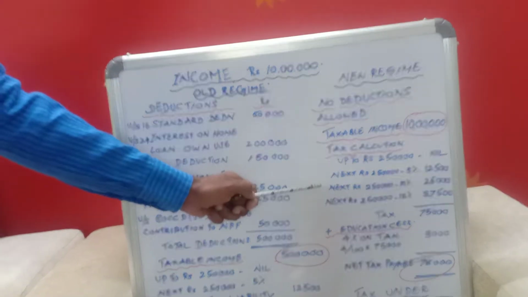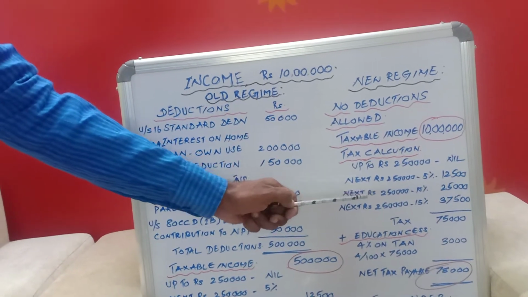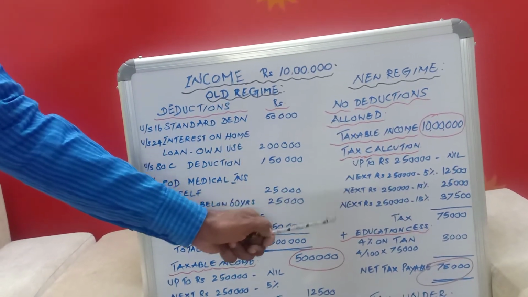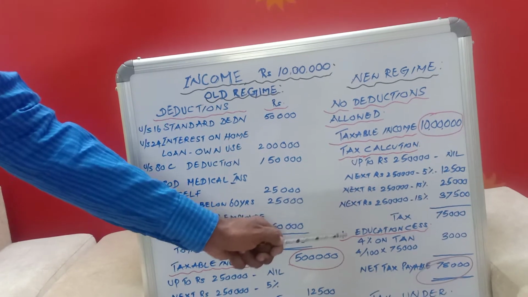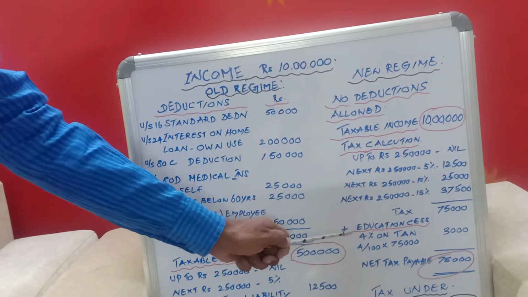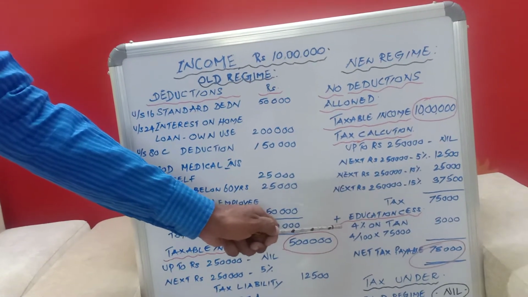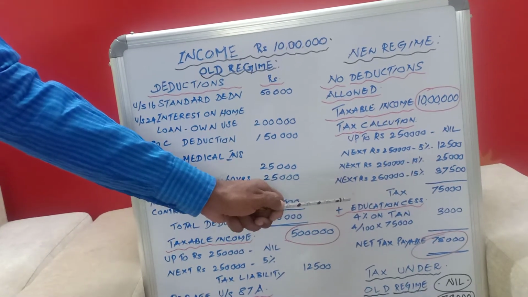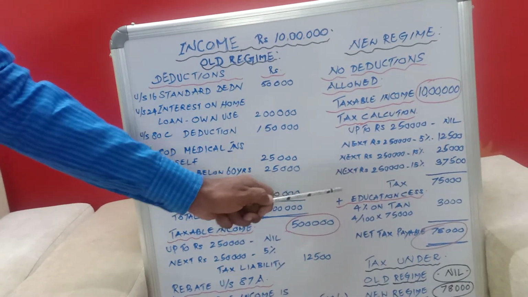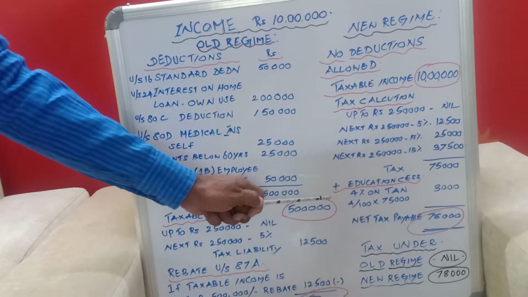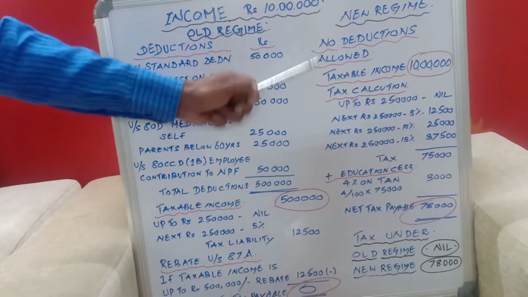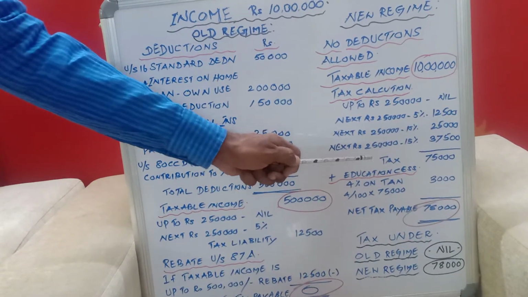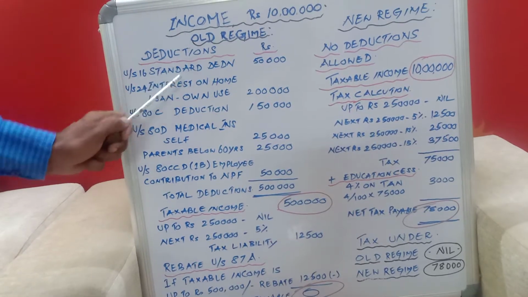So for the 10 lakhs, the tax comes to 75,000 plus education cess at 4% on the tax amount, that is 4 by 100 into 75,000, which comes to 3,000. So net tax payable under the new tax regime is 78,000. This is the first example.